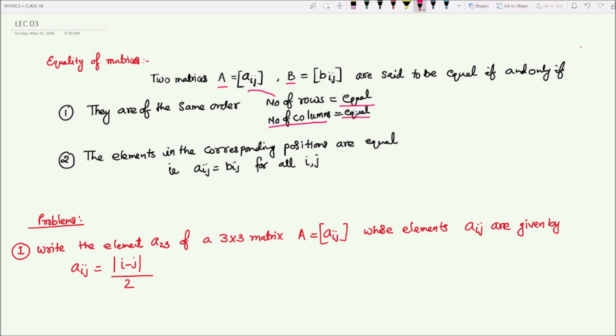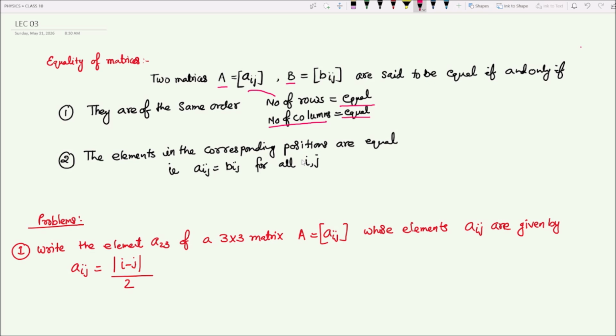This is a very important property of equality of matrices. And the elements in the corresponding positions are equal, that is aij is equal to bij for all i and j.